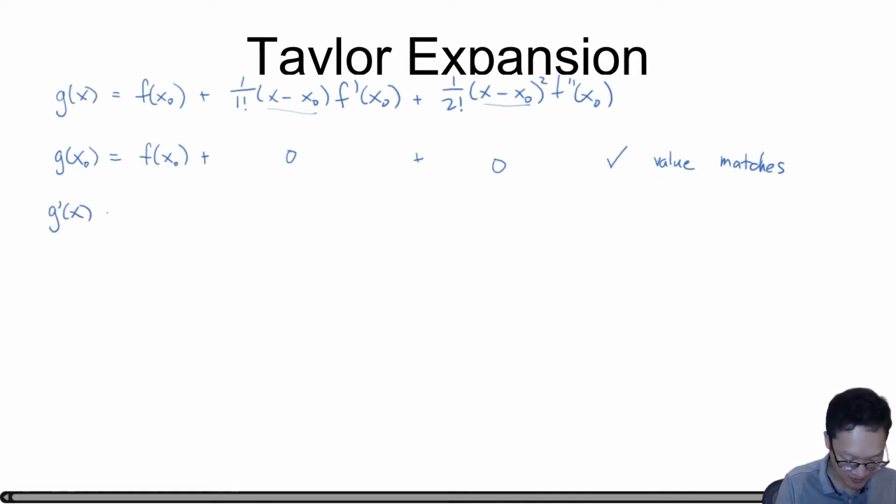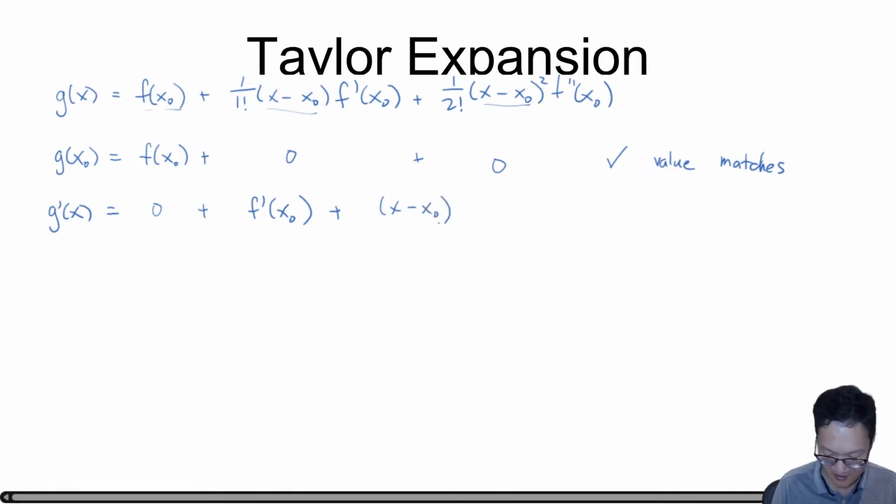So let's take a look at the derivative. If we take the first derivative, the first term becomes 0, because it is a constant. The second term is a linear term, so the only thing that remains is f prime of x naught. And for the last term, we get the 2 coming down to cancel with the 2 factorial, giving us x minus x naught times f double prime of x naught.